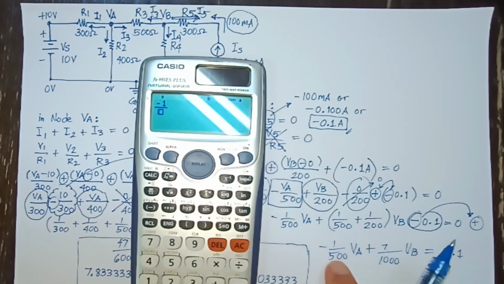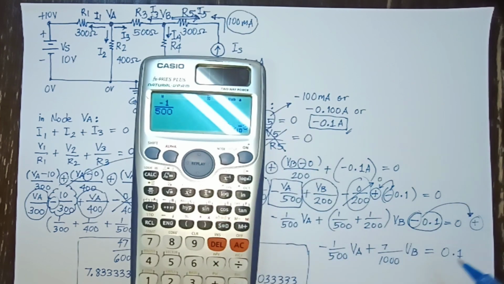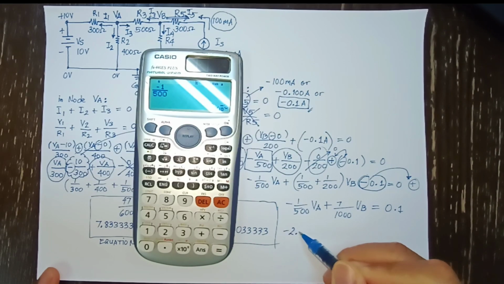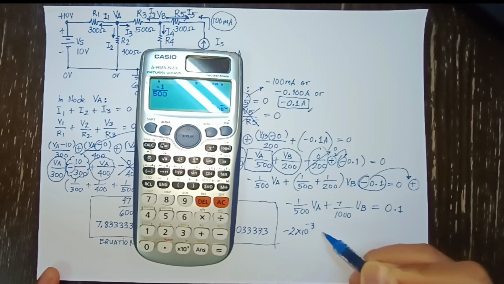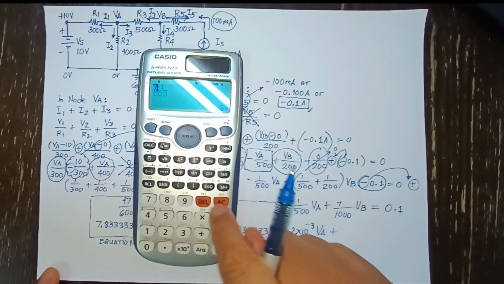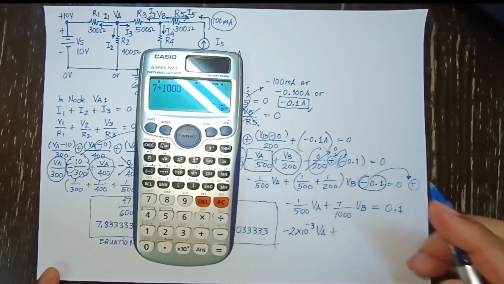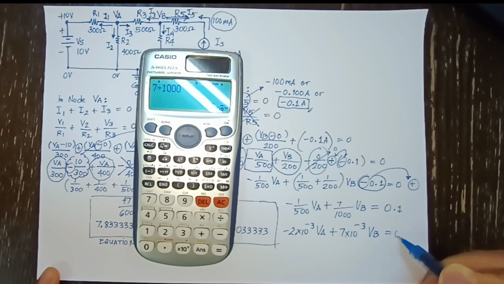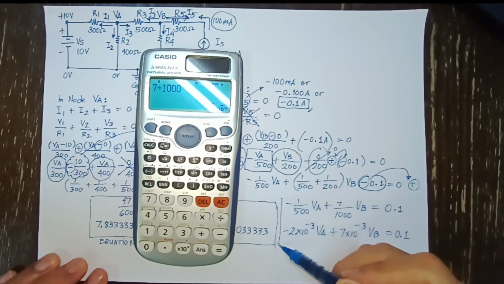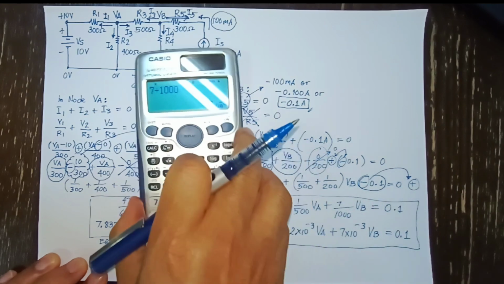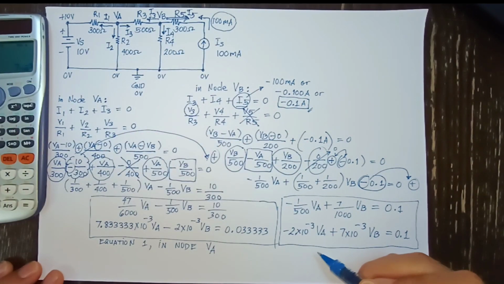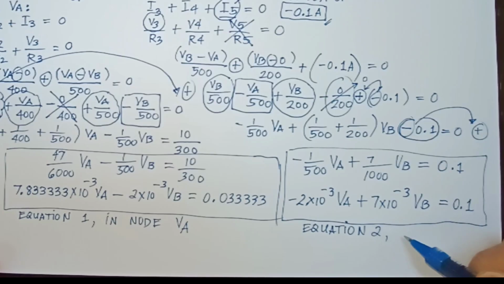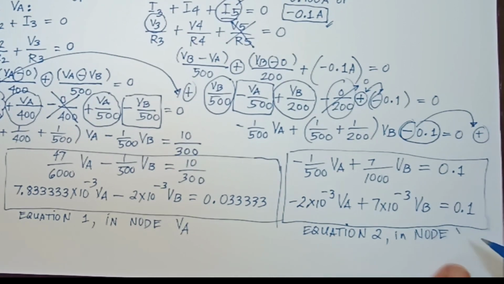And then we can convert the answer into decimal numbers: minus 2 times 10 to the minus 3 VA plus 7 times 10 to the minus 3 VB equals 0.1. This is just to show you the final answer for equation number 2, with respect to the node VB.